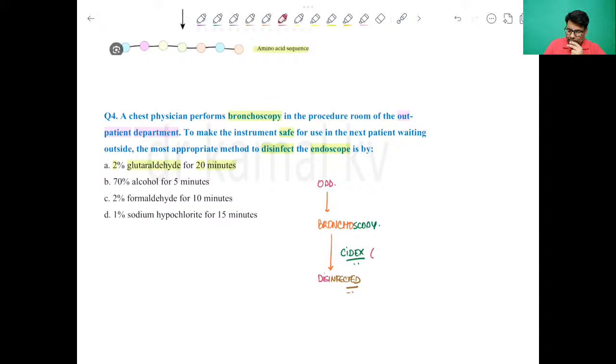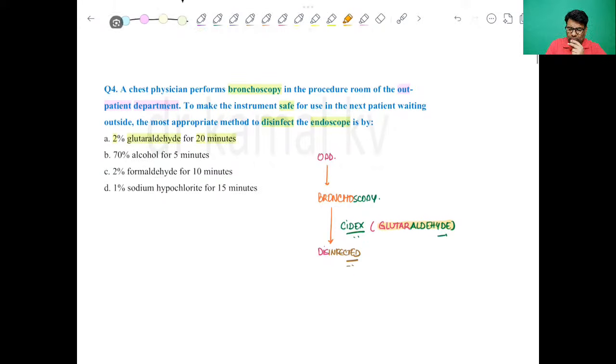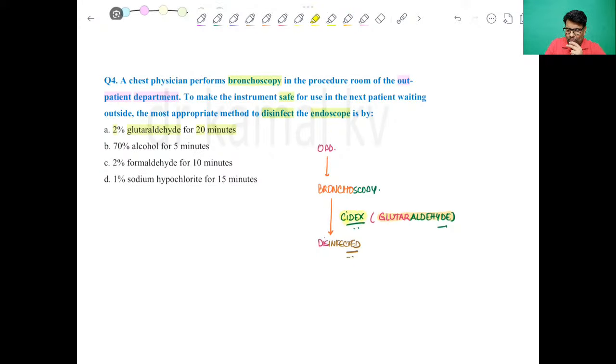So this is glutaraldehyde. Clear? So glutaraldehyde. So this is the Cidex solution, which is commonly used in OPD setups, where the doctor has to disinfect the instrument before using it in the next patient, right? So the common term is Cidex, of course.